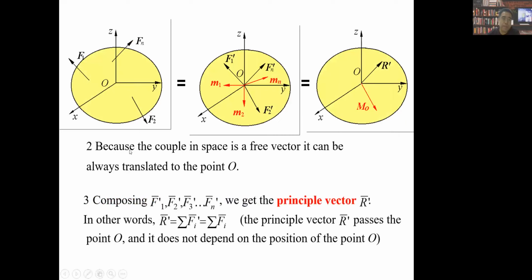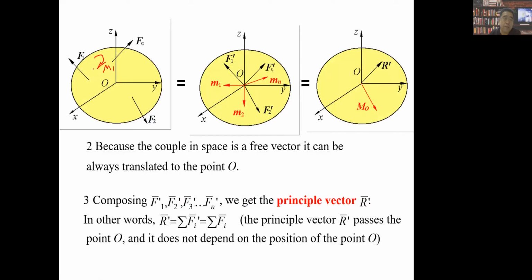So the second point: because the couple in space is a free vector, it can always be translated to point O. That means, how do you understand this second point, that if the original force system not only has n forces, but also has some couples, maybe we call that M1.